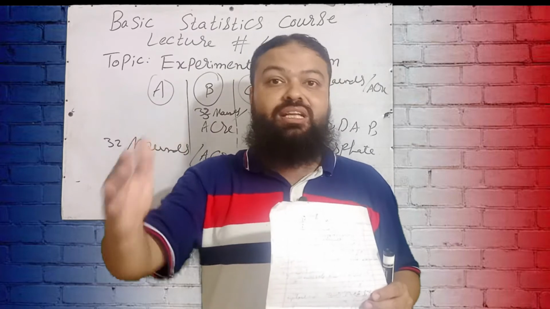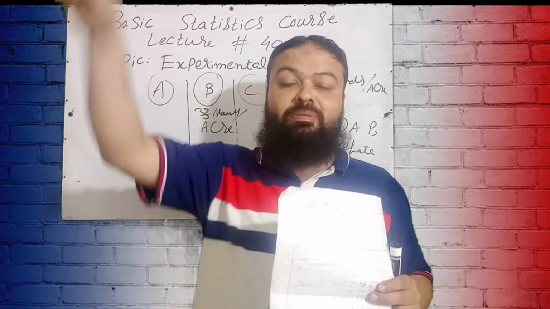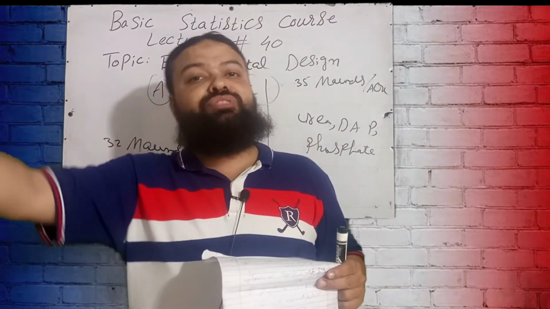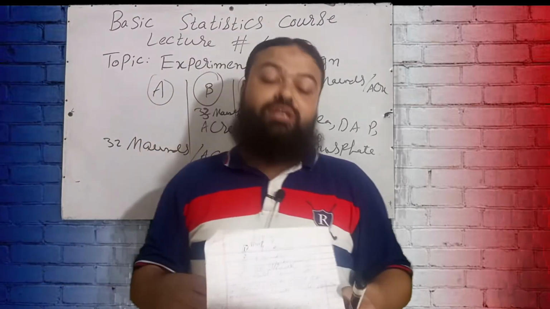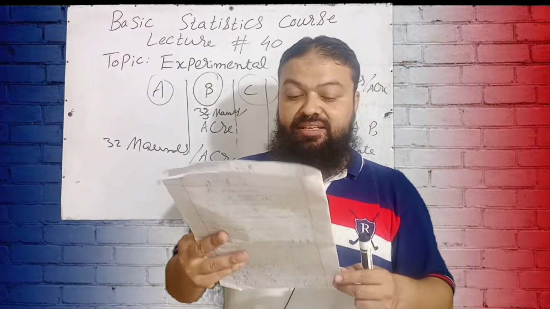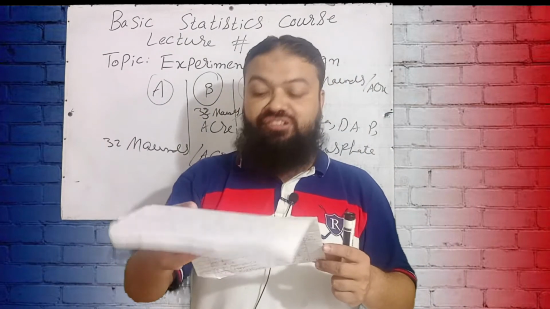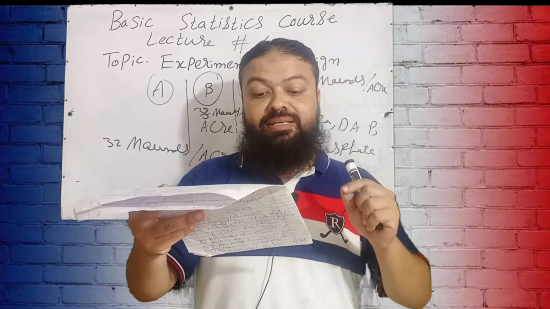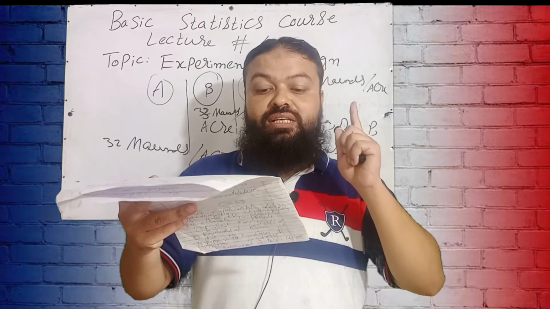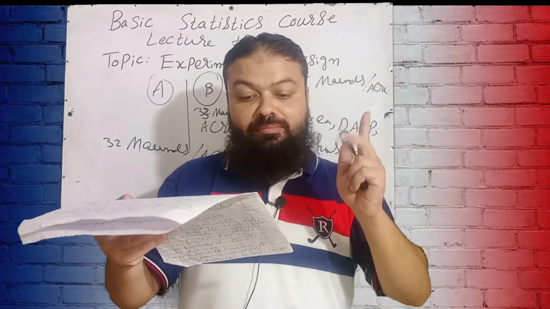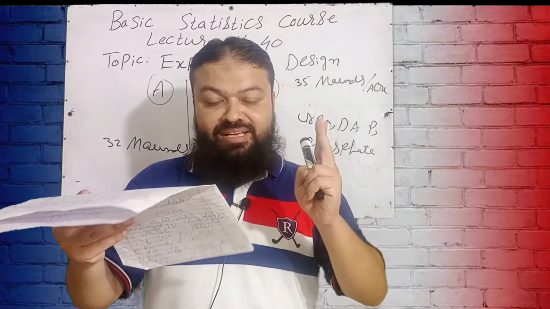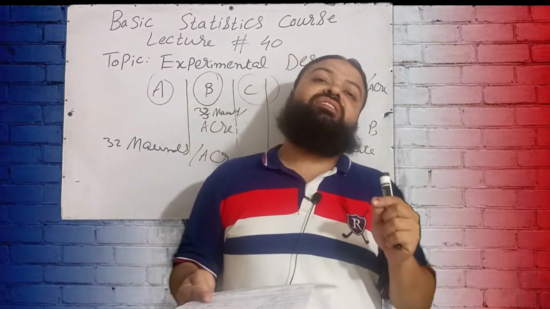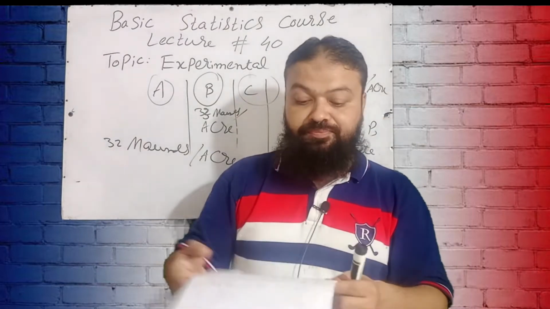In randomization, every treatment which we want to apply on the experimental unit has an equal probability of being applied on the experimental unit. That is the correct one. Question number 10. Randomization is a process which enables the experimenter to A, apply mathematical theories, B, make probability statements, C, make treatments error independent, D, all of these. All of these is the correct option.